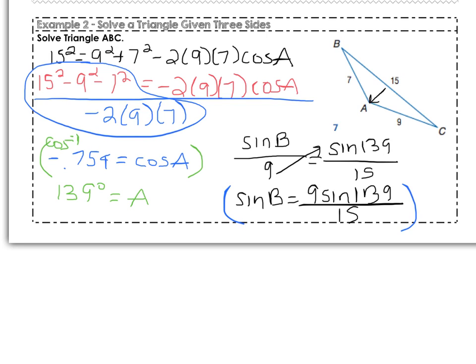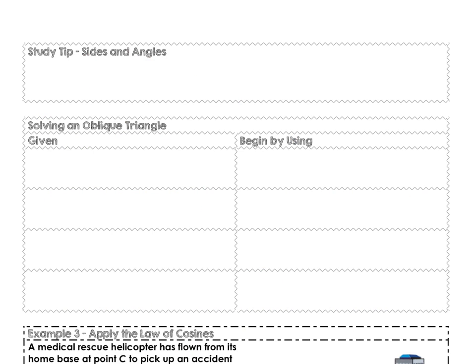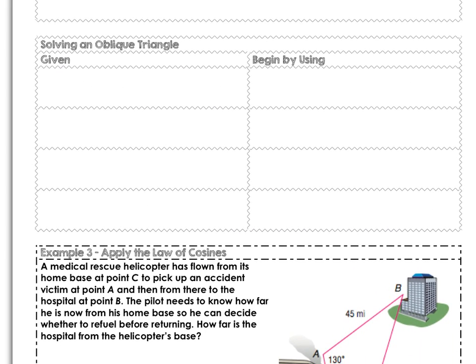Last thing I must do is take the sine inverse of both sides. So B is equal to the sine inverse of that entire quantity, which is approximately 23 degrees. Well, now we have angle A is 139, angle B is 23. If we add those up and take them away from 180, that implies that angle C must be approximately 18 degrees.